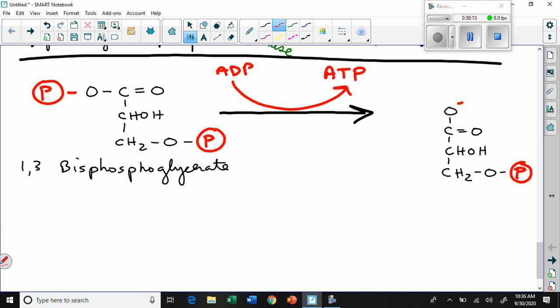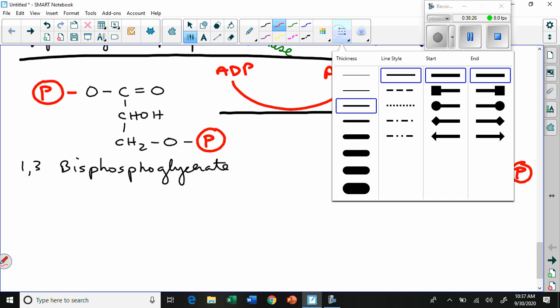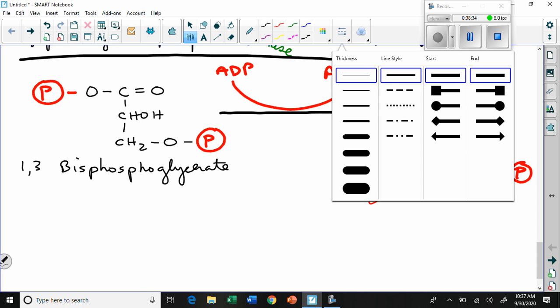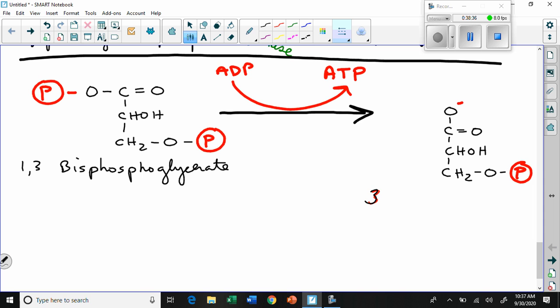And there's a little negative charge here to show that that's where the H was before. Remember? Well, the H isn't going to reattach because this molecule is rapidly going to turn into something else anyway. So that's called 3-phosphoglycerate. Whoops, that's the wrong color. 3-phosphoglycerate.